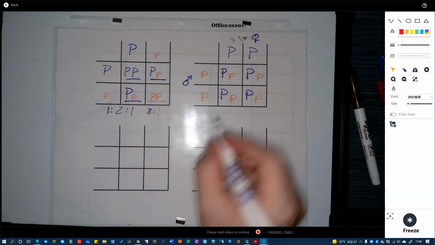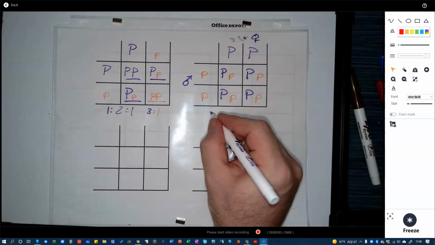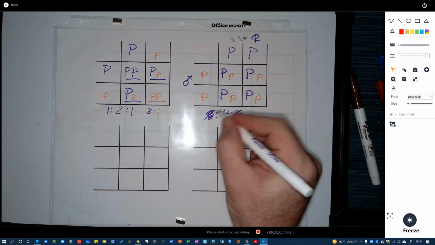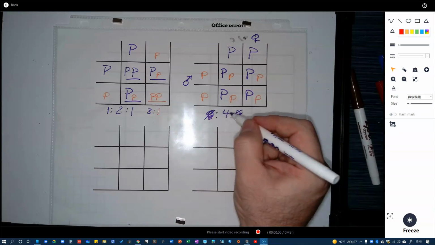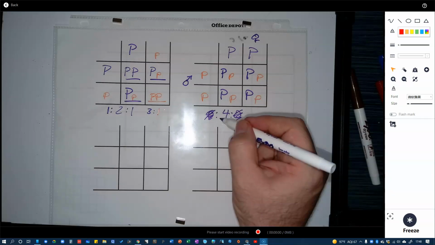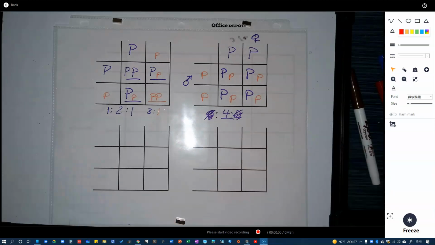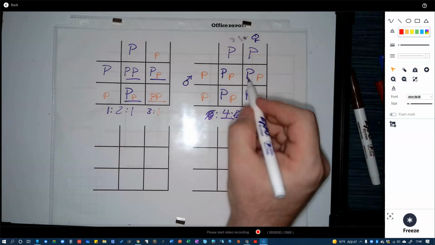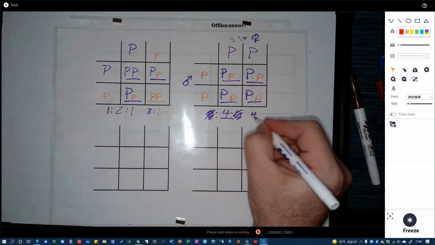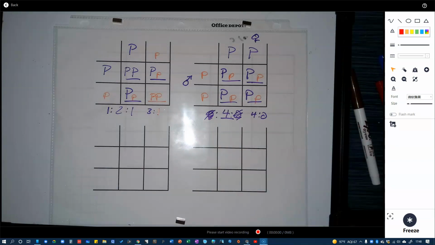So, in other words, if we were looking at this, it would be 0, 4, 0, right? So there are no homozygous for either purple or orange. There are just 4 heterozygous individuals. And the chances of the phenotype being purple is 4, and the chances of it being orange are 0, right?